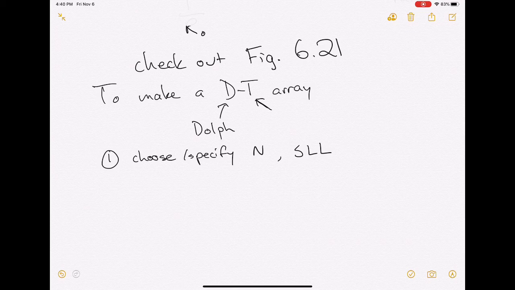You could also choose a directivity and a side lobe level. It's a little bit more complicated to back out the number of elements, but there are some figures in your book, figures 6.24 and 6.25, that are design curves from which you can figure that out.